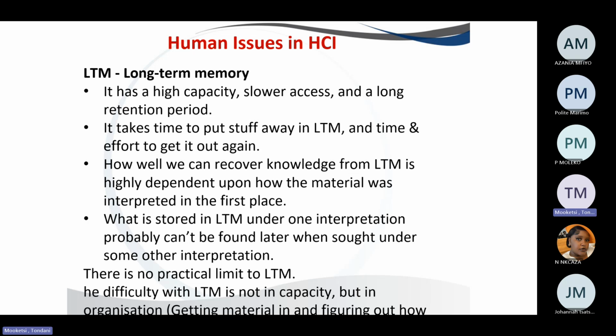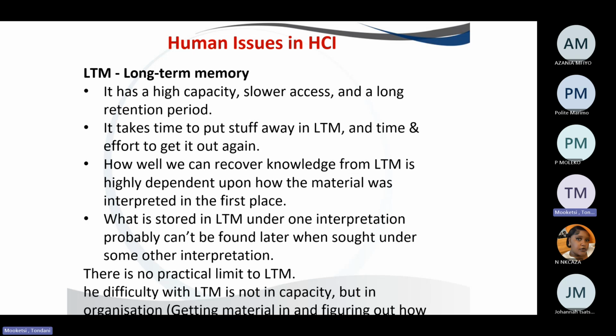There is no practical limit to long-term memory, and the difficulty with long-term memory is organizing the information. So capacity is not an issue, but organizing that information so that it makes sense and figuring out a way to retrieve that information in a way that it makes sense. That is the difficulty with long-term memory.